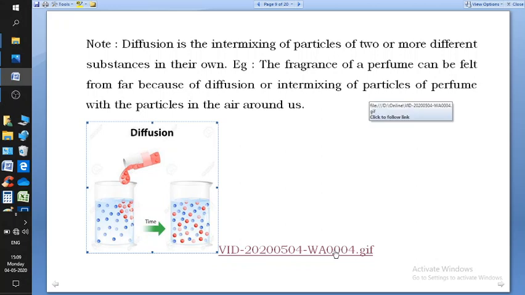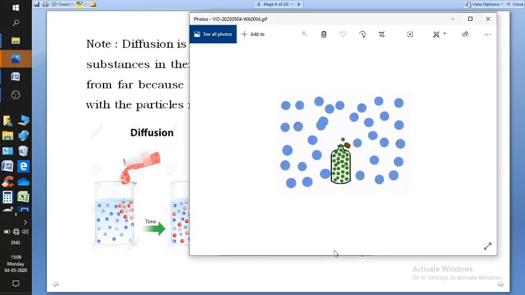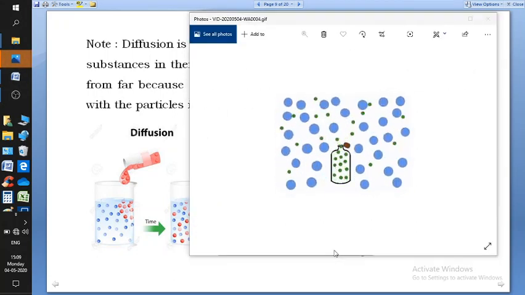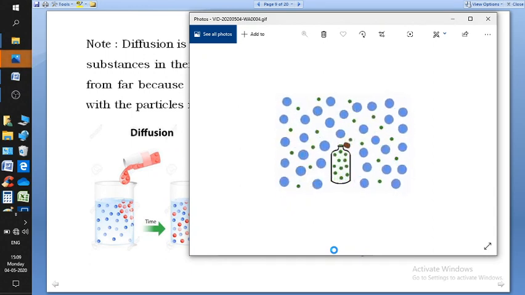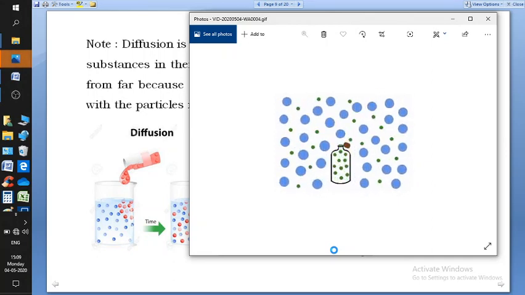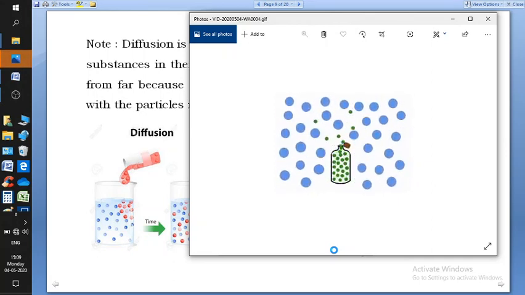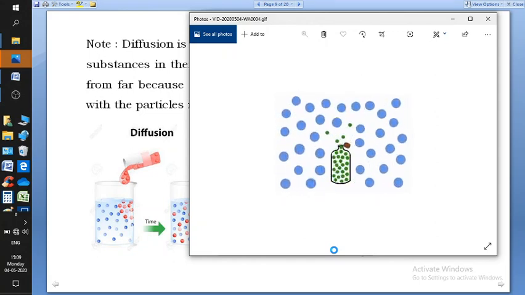Another example: if you can see here, the blue particles are the particles of air, and the green particles, let's take as an example, are particles of a perfume.